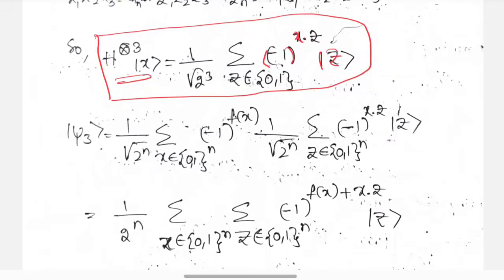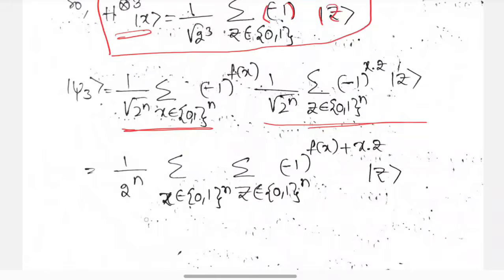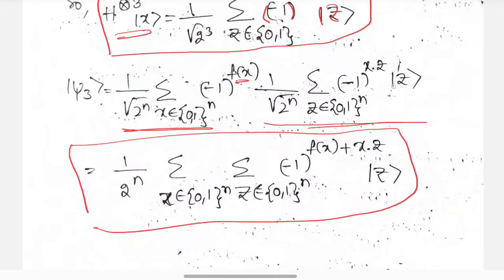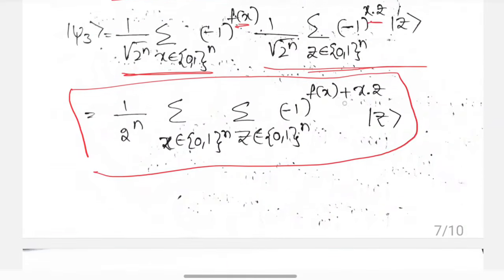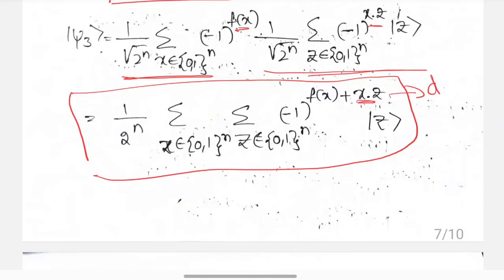If you integrate with that, we already have this and we are integrating this, you will end up getting this equation, okay? Here f of x is there and I am adding the powers. So this is nothing but the dot product.